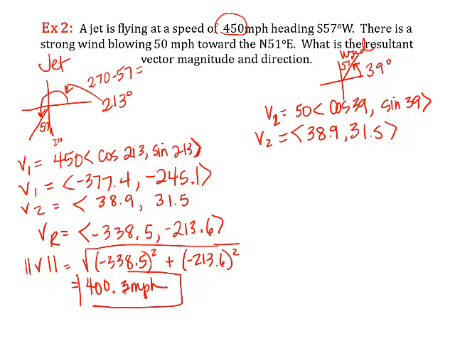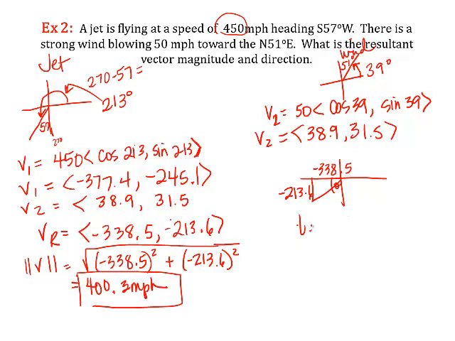Okay, partially there. Now I need to find the direction now that that's going to change the direction of my jet. So look at your values. They're both negative. The horizontal and the vertical are negative. That means you're down in quadrant 3, right? So if the horizontal is negative 338.5 and the vertical is negative 213.6, here's my theta.